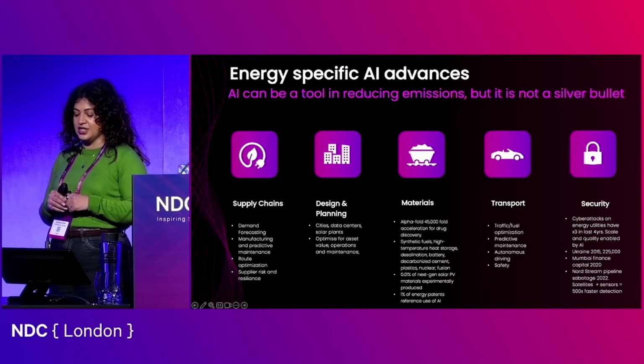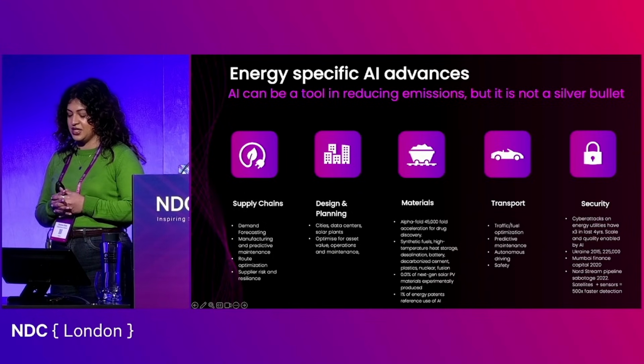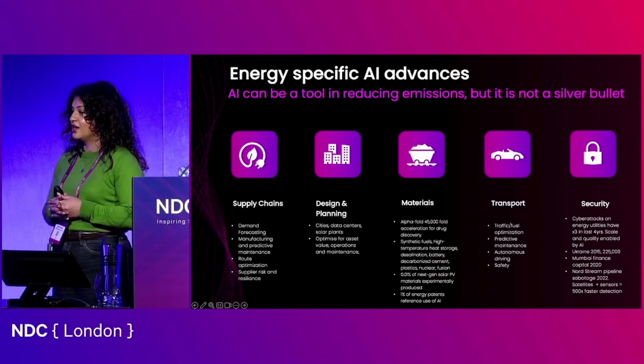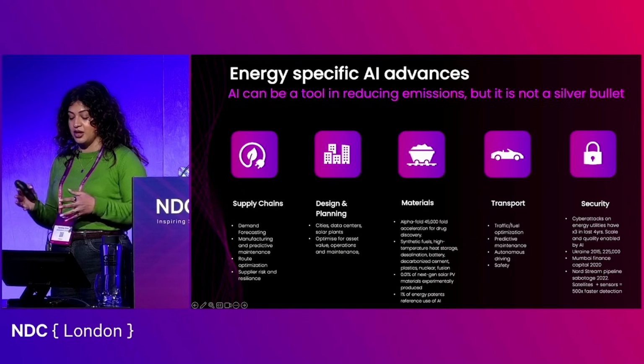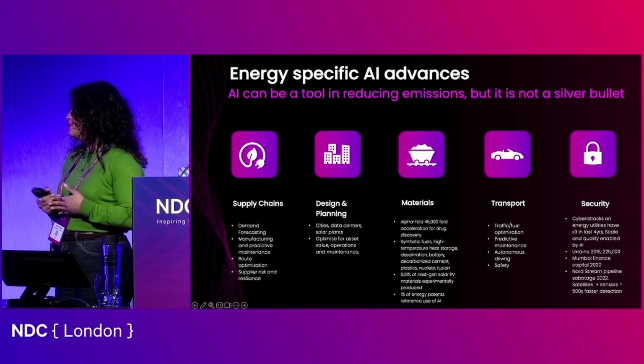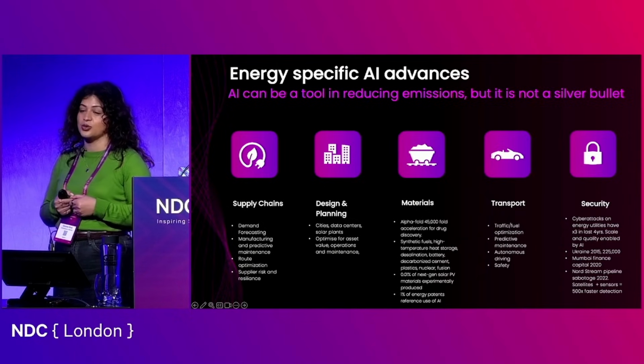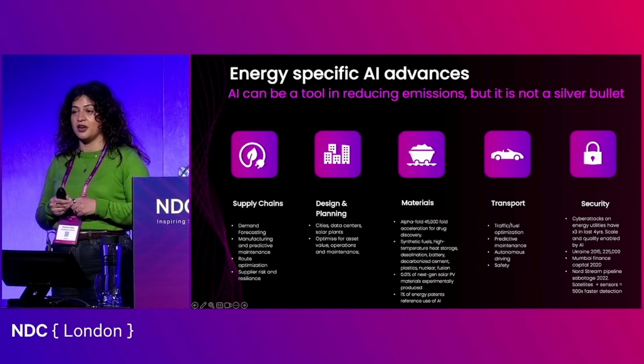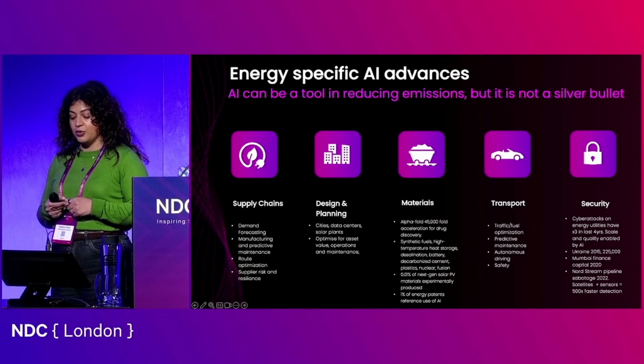And then security. Cyber attacks on energy utilities have increased by 3 times over the last 4 years, and that scale and quality has been enabled by AI. Some examples of this: in Ukraine in 2015, 225,000 people were affected by the blackout. In Mumbai, which is the financial centre of India, a similar energy utility attack led to a big outage in 2020.